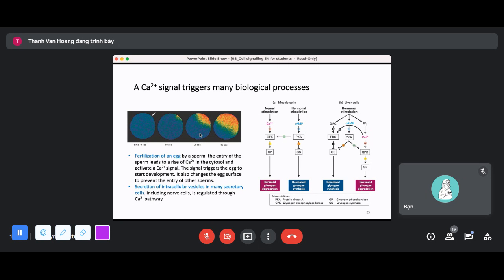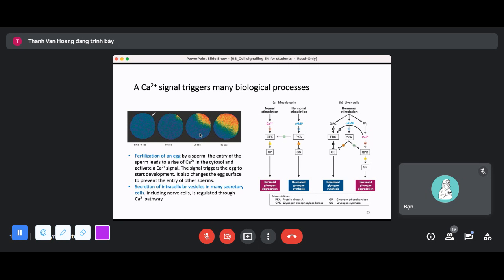When the calcium channel opens at the synapse, calcium from outside the cells streams into the cells, increasing the calcium signal inside the cells, at the synapse, and induces the fusion of the intracellular vesicles and the secretion of substances into the synapse. For example, acetylcholine or glutamine.